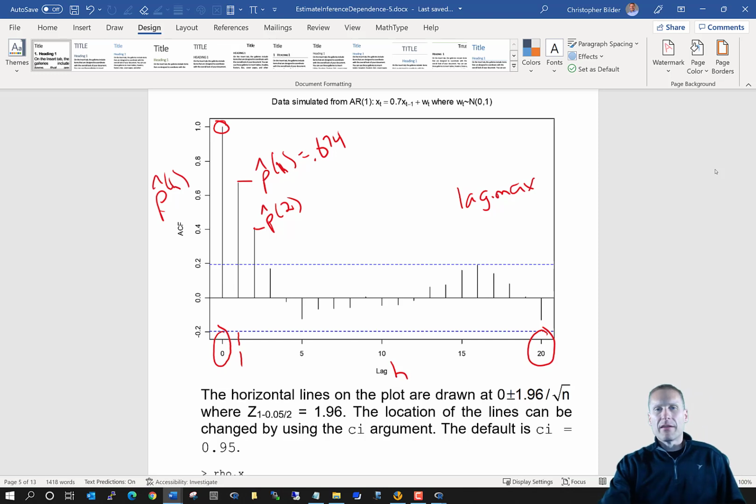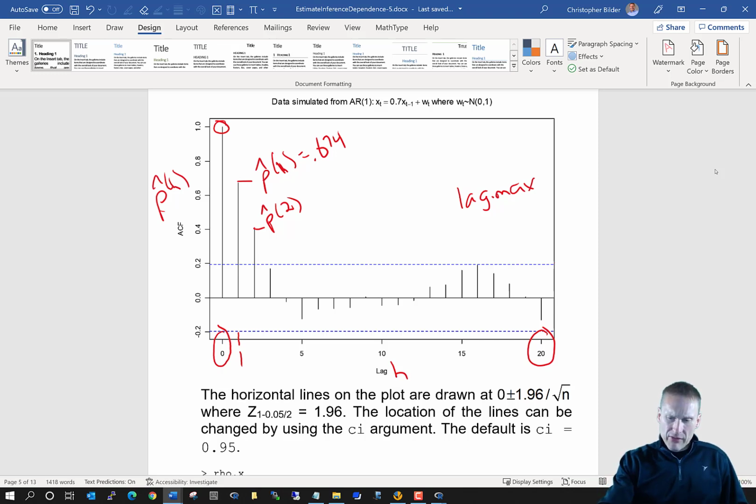Well, it's 1. And in fact, it will be 1 for any data set, because what this is saying is, what's the correlation between x of t and x of t? Or like x1 and x1, x2 and x2, and so on. Of course, they're exactly the same, so the autocorrelation will always be +1. Ideally, it would be nice if we didn't have that on the plot. I'll talk about how to do that shortly.